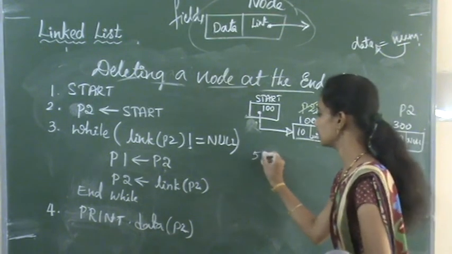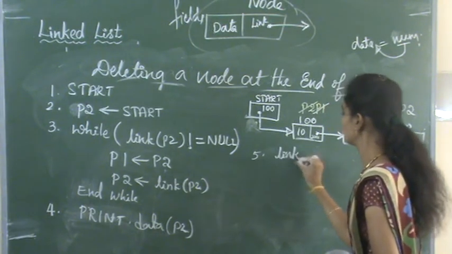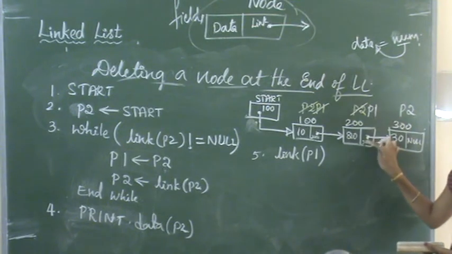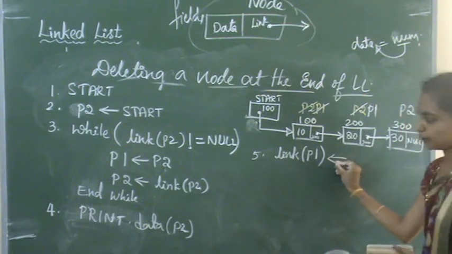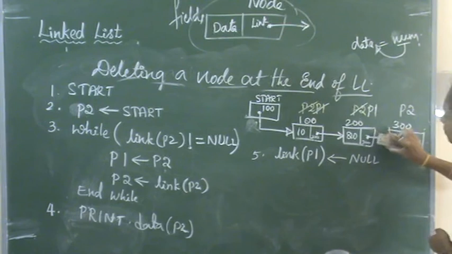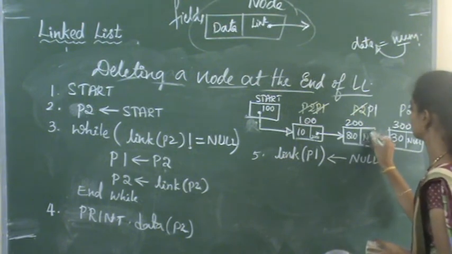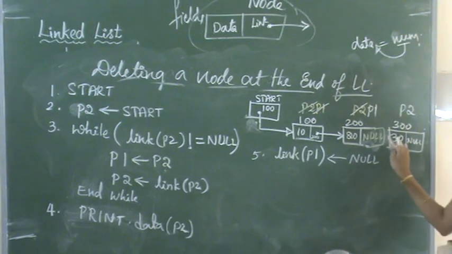The next step is link of P1. Why P1? Because the previous of P2 is P1, right? So link of P1 will be null, which means I make this node null. Now there is no link between these two nodes.